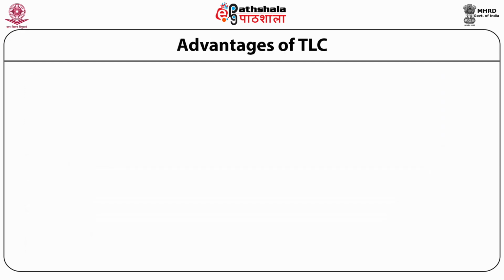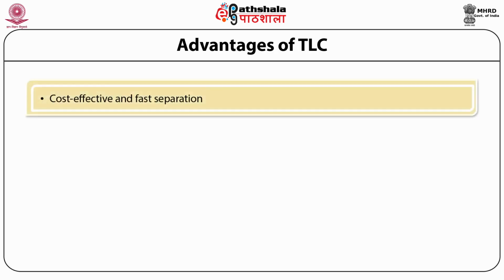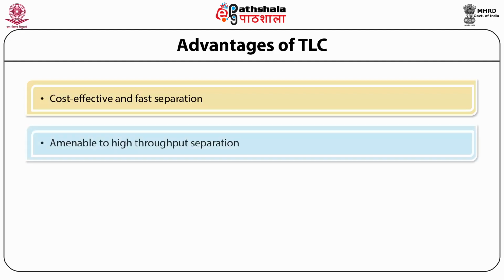Now, having understood a little bit about planar chromatography, it is evident that some of the very unique advantages of TLC are its cost effectiveness and the speed at which the separation can occur. TLC now, with its different modifications and the range of sizes and sorbents that are available, is also amenable to high throughput separation.